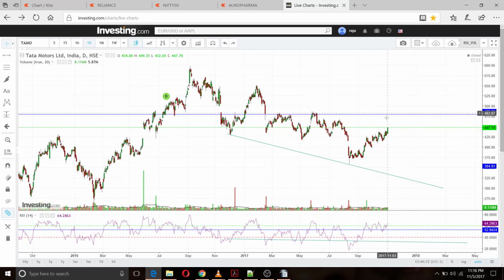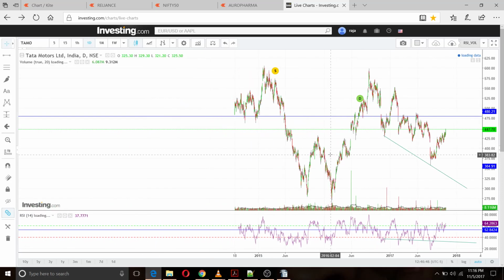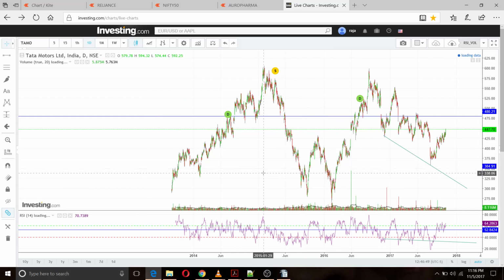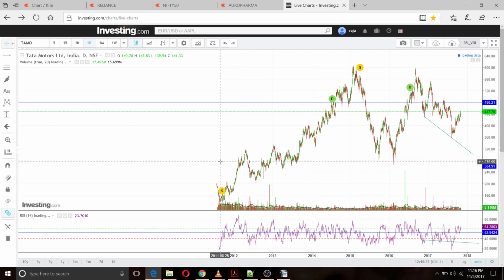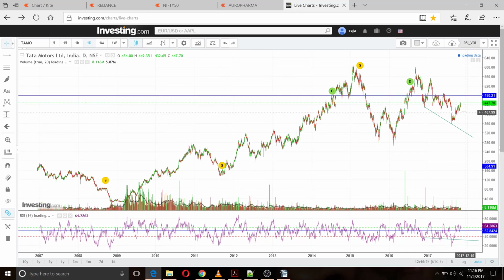But once you take profit here, wait for some time and see what happens, because a retracement will possibly happen and then it will break out again. So possibly a breakout may happen in Tata Motors, and that would be the time for you to go long, but still you can go long, and the target and SL I have already defined.